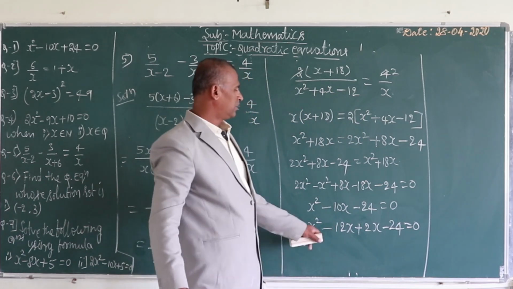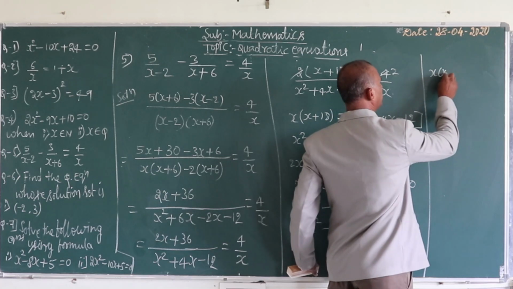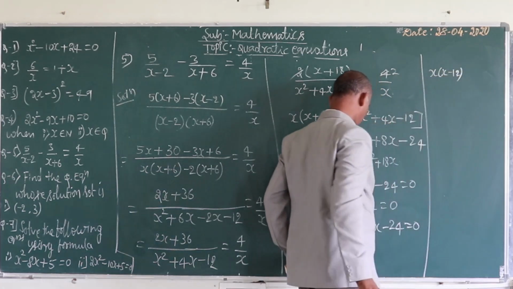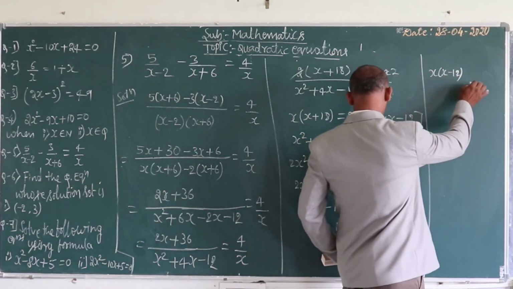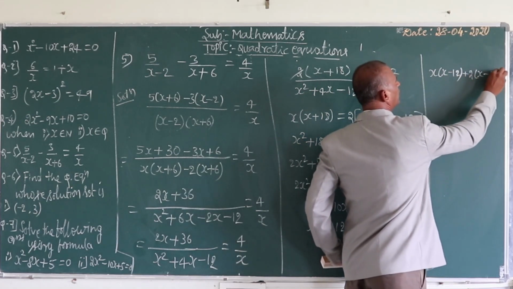12 twos are 24. Now, x, if you take common, means x minus 12, plus 2, if you take common, means x minus 12 is equal to 0.